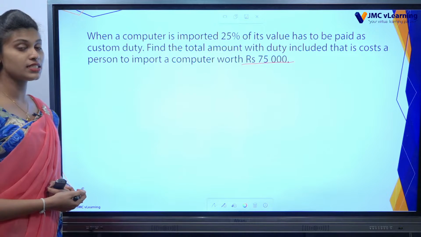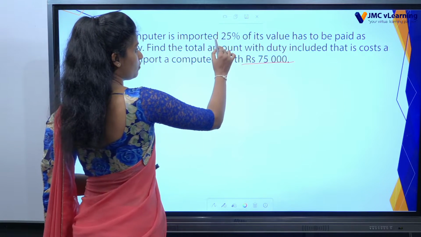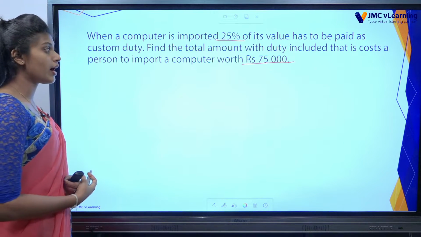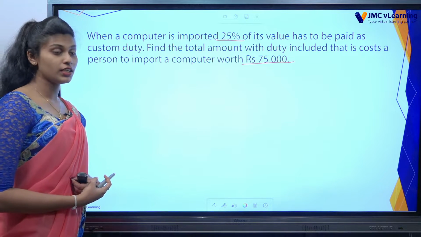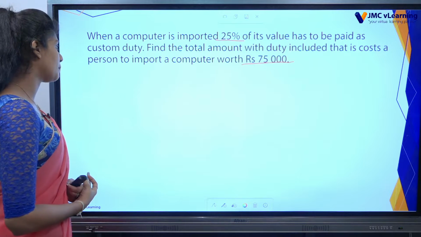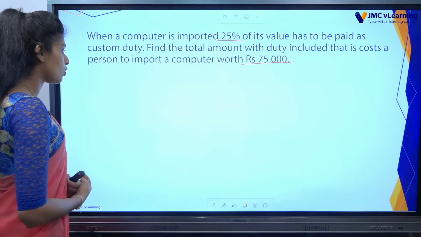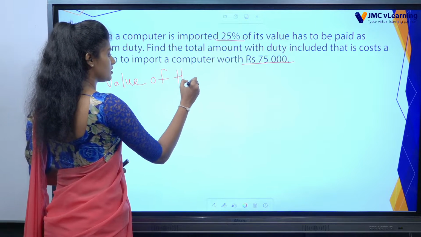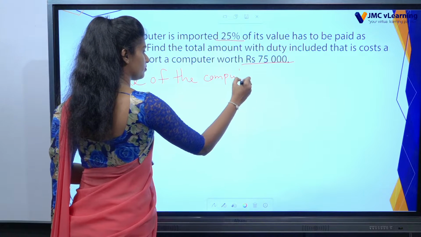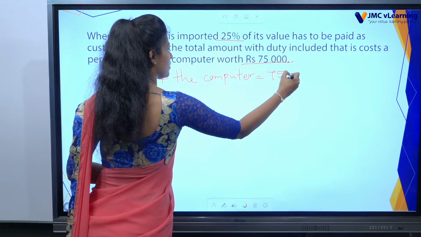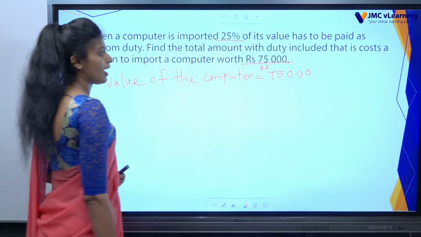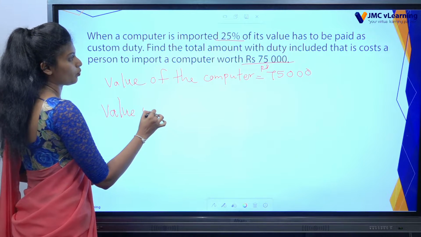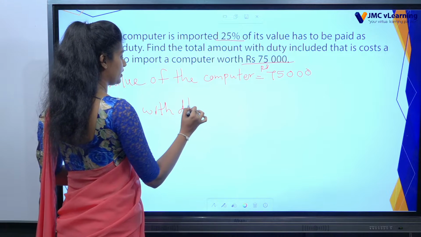So, the value of the computer is 75,000, and let's find the value with duty.